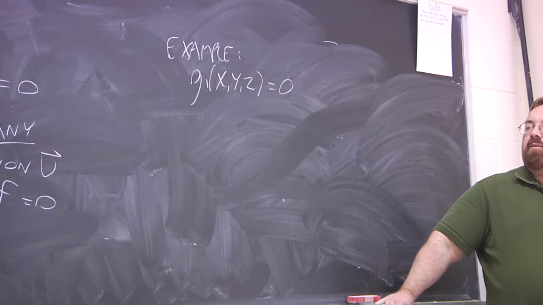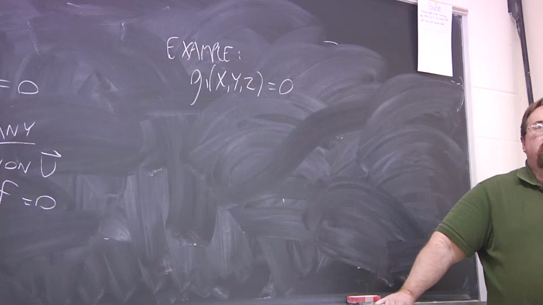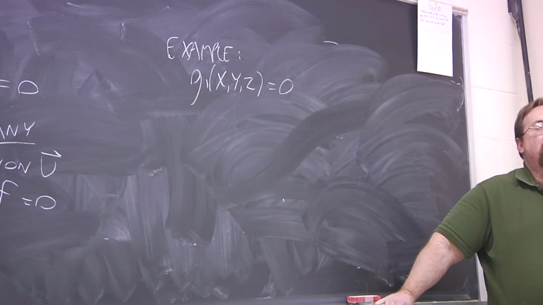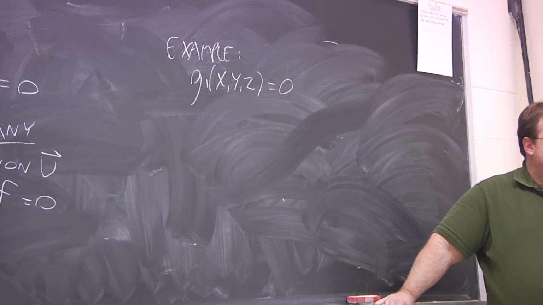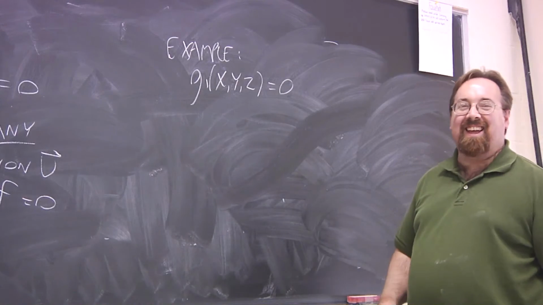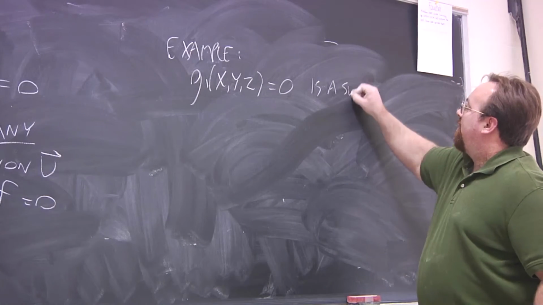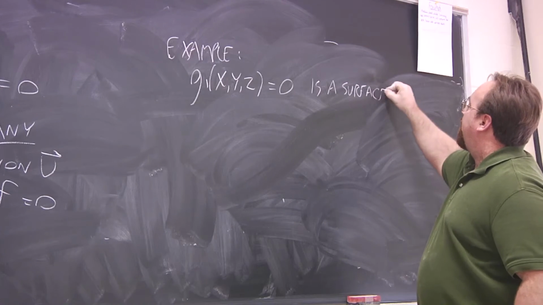So we have an equation in x, y, and z. What kind of object does that describe? A sphere. It could be a sphere. In general, what? Yeah, a surface. Yes. So this equation characterizes a surface.